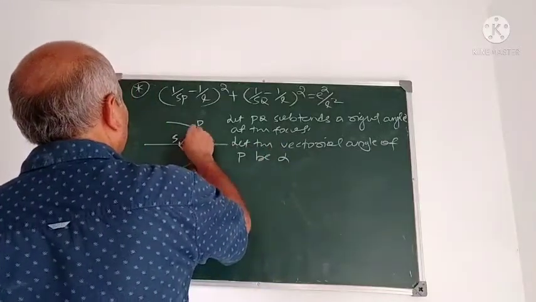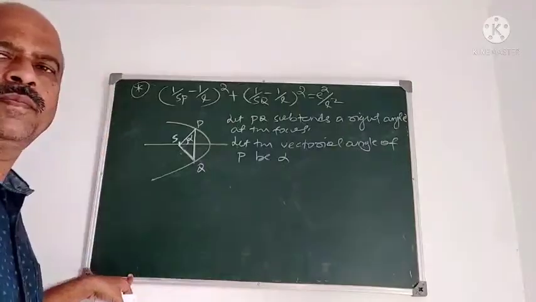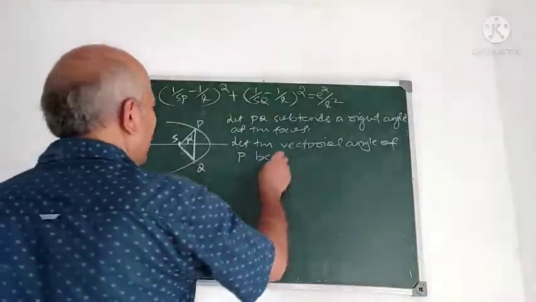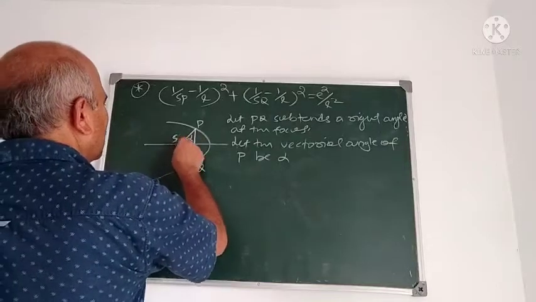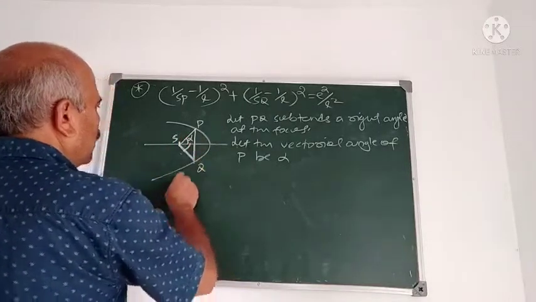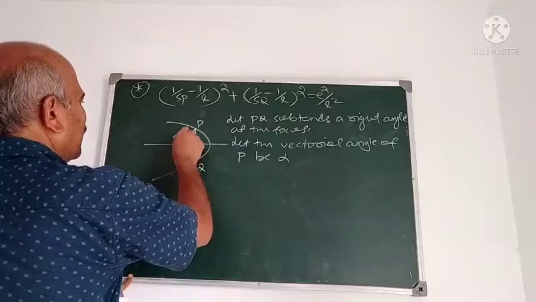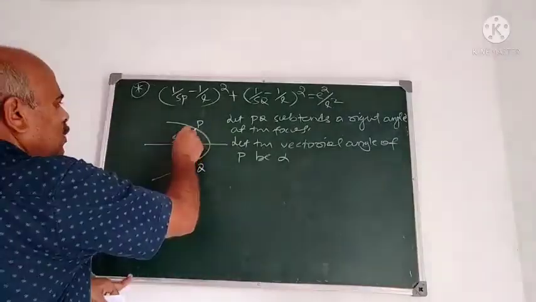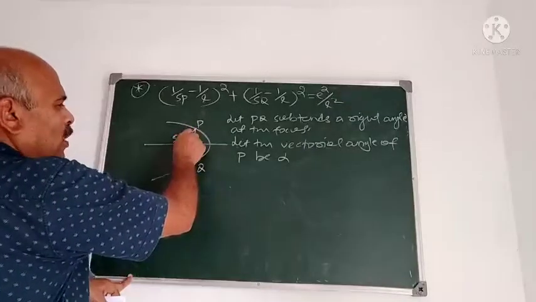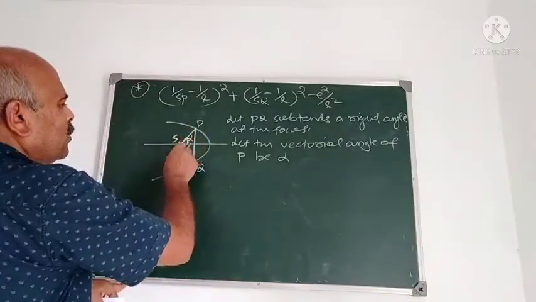Then this angle is alpha. Then what is this angle? This is the vectorial angle of Q. But these angles are measured in different directions. This is the positive direction of the vectorial angle alpha. This is the negative direction.